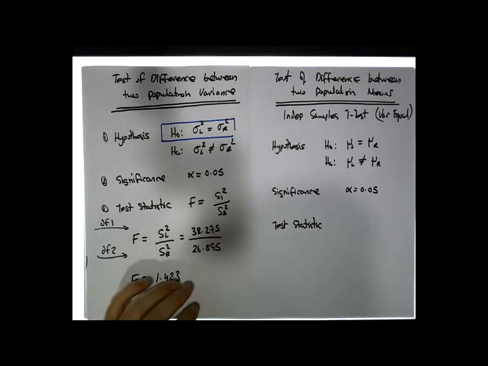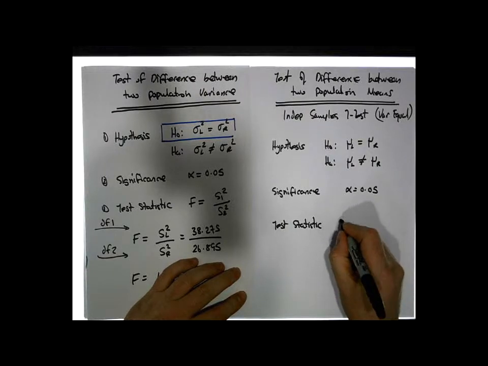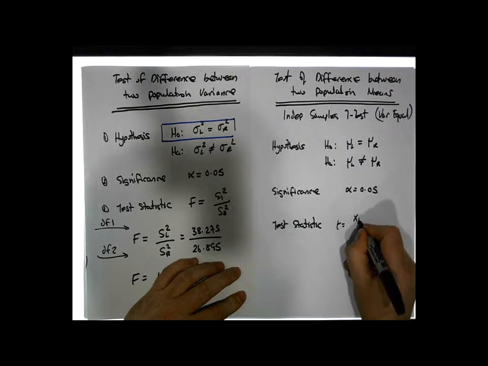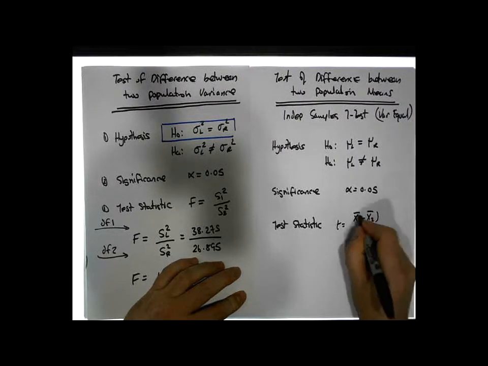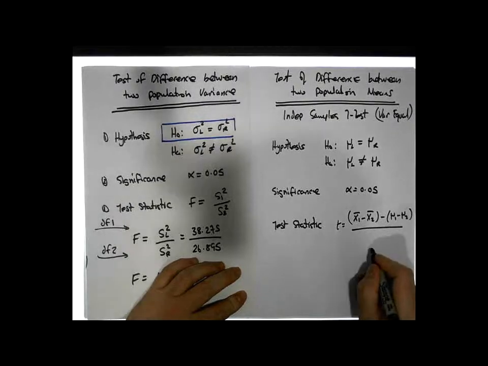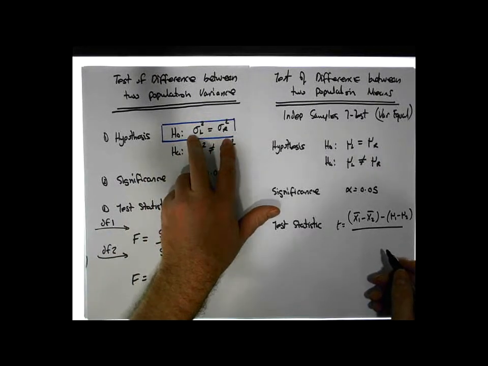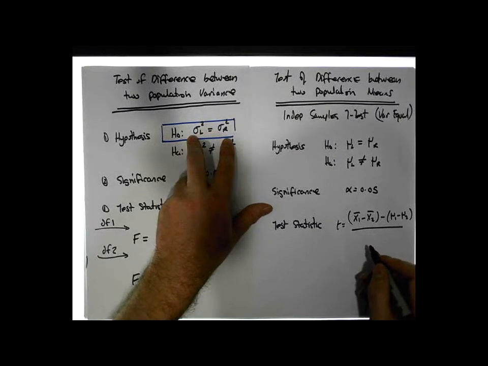So now we have a test statistic. The test statistic is t is equal to x1 bar minus x2 bar minus mu1 minus mu2, divided by, and we're going to calculate a pooled variance because we're assuming them to be equal. So we're going to throw the two things in together to give us a better understanding of the variance.